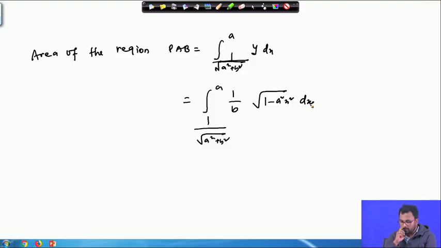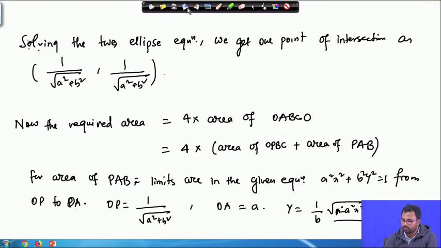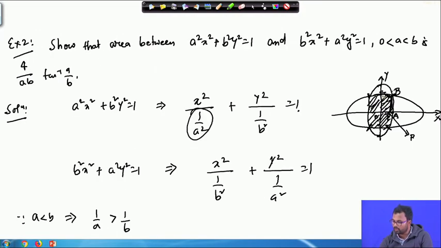Similarly, we will calculate the area of the other region by integrating from 0 to 1 by square root of A square plus B square, and we will take the curve y from here.